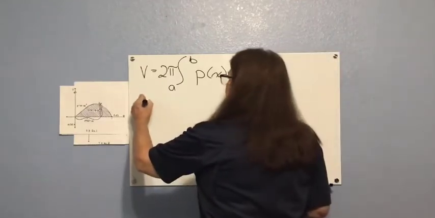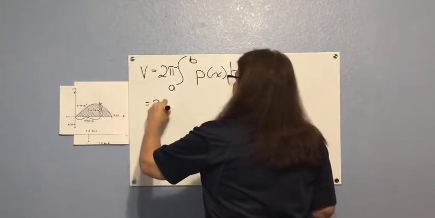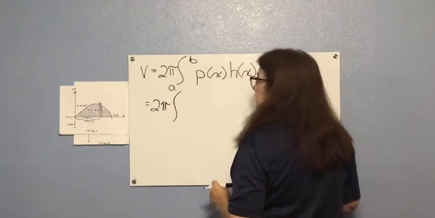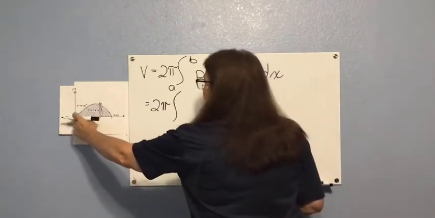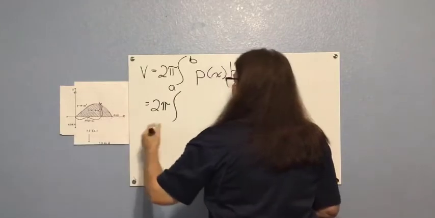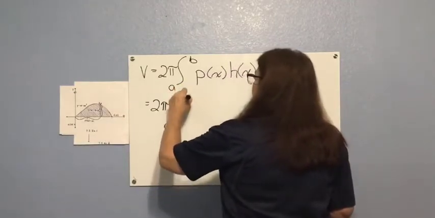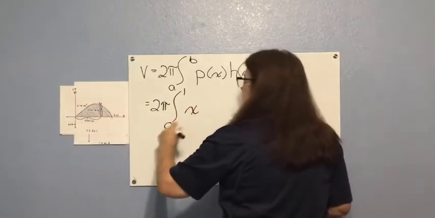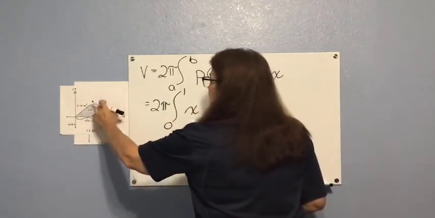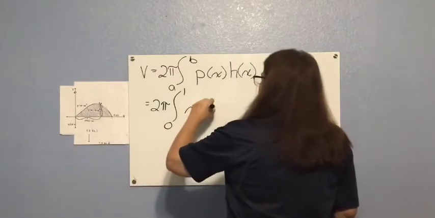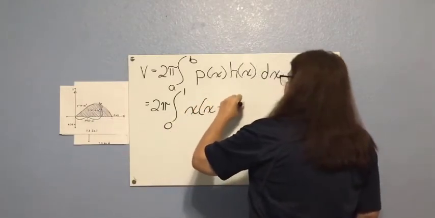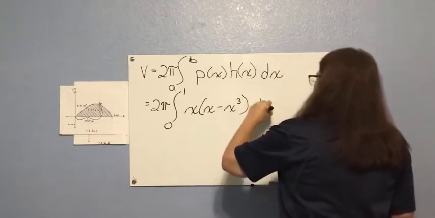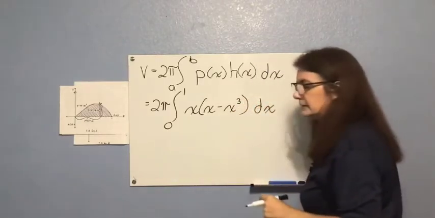So for this problem, I have 2 pi, and my limits of integration are from 0 to 1. Here's my p of x, which is just x, and my h of x here is x minus x cubed dx.